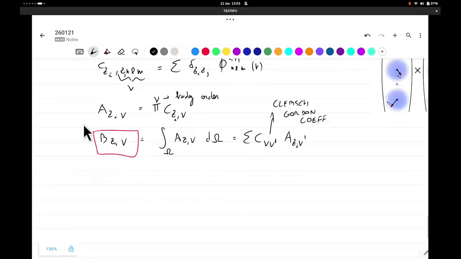Now these descriptors were so informative that the original application from Drautz was that the property of our system, for example energy, could be modeled just as a linear combination of the Bs.